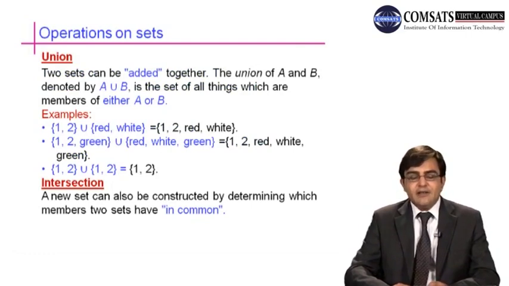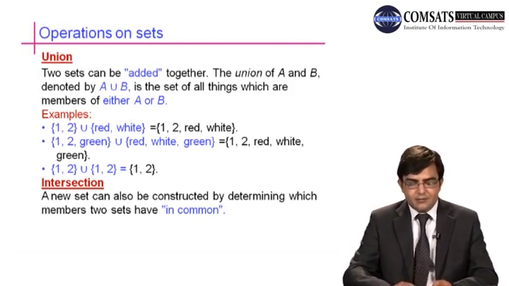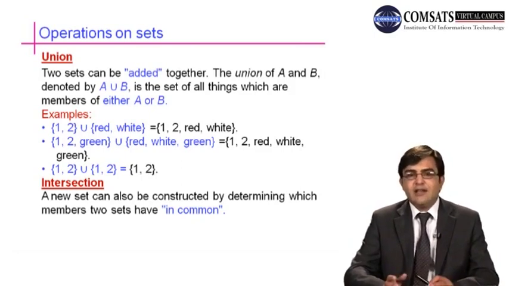You have already studied union and intersection of sets in earlier classes 6, 7, 8, 9, 10. We'll see quickly here what union and intersection of sets are. If we have two sets, capital A and capital B, which contain distinct and well-defined objects, how do we take the union?